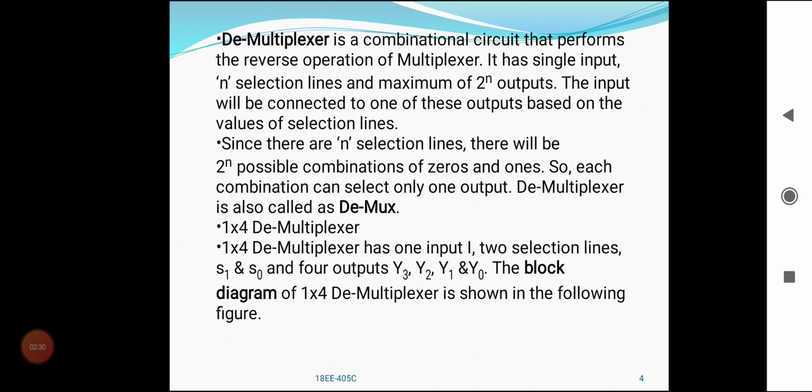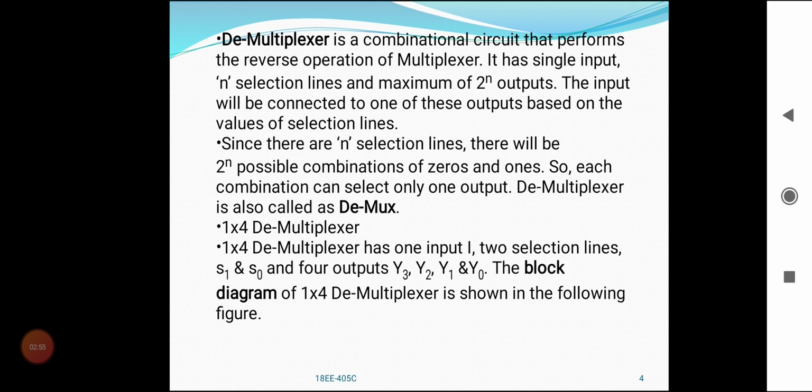DMUX is a combinational circuit that performs the reverse operation of a multiplexer. It has a single input, n selection lines, and a maximum of 2 to the power of n outputs. The input will be connected to one of these outputs based on the values of the selection lines.